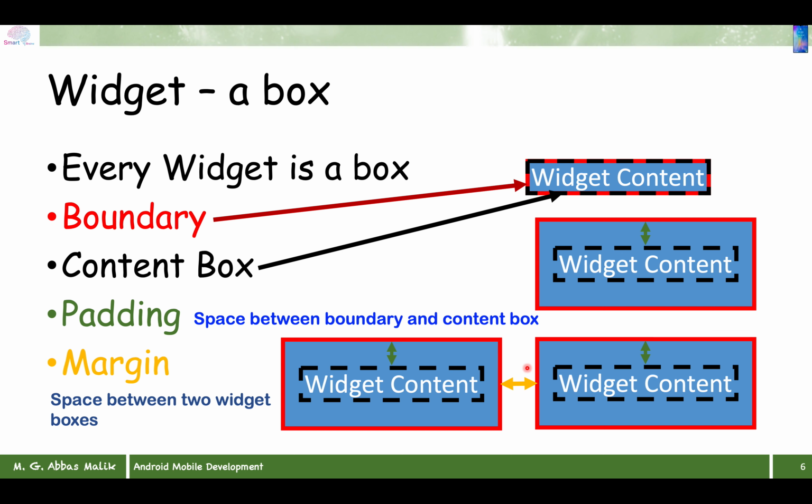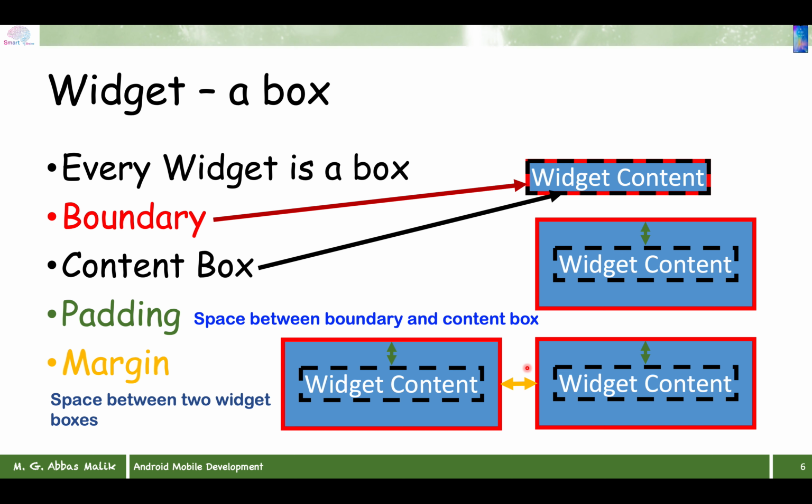So the main thing is every widget, every UI component or element that we see on a screen, is a rectangular box, and we call it a widget box or rectangular box, whatever you want to say. It has two things: one is the boundary and one is the content box inside that widget box.